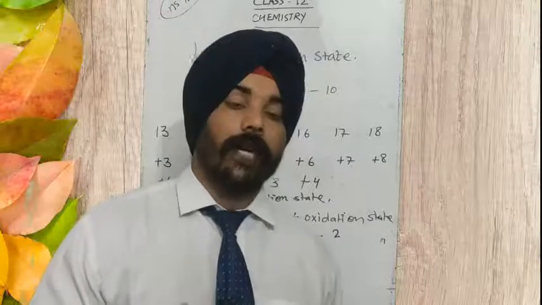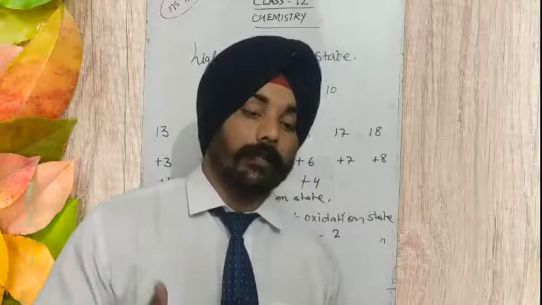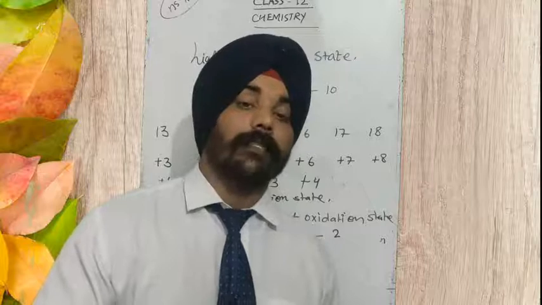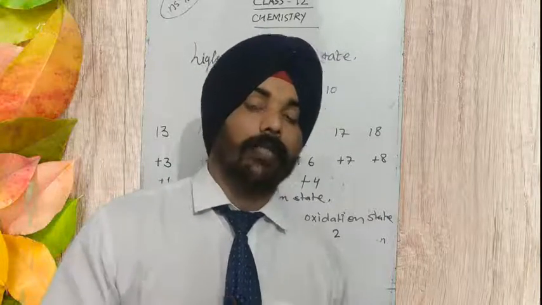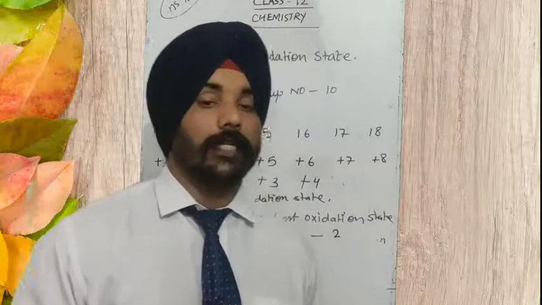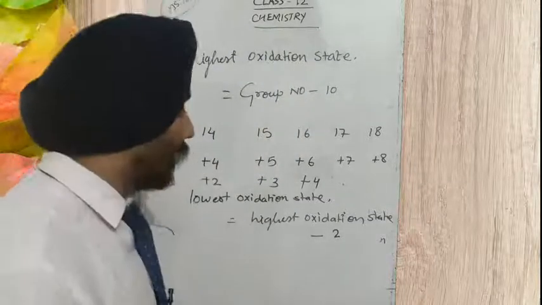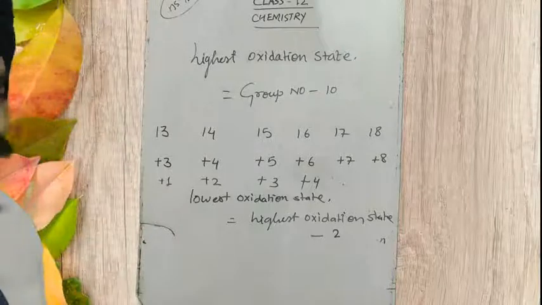Okay, then we have only one option, that is the p electrons present in the p subshell. Only they participate, and due to these electrons we see the oxidation state that is called the lower oxidation state.